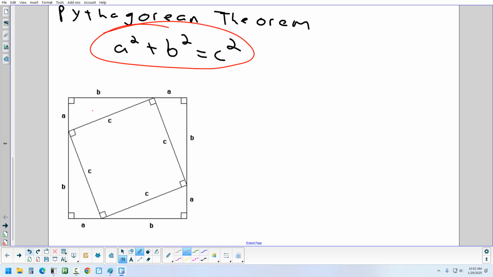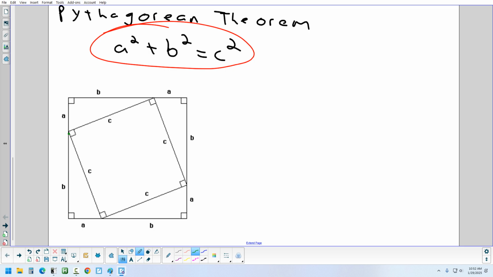All right, so let's see if we can figure out why a squared plus b squared equals c squared. Let's find the area of the square inside. Can somebody give me one way to find the area of the square that has a side length of c? Yeah, it would just be c squared.